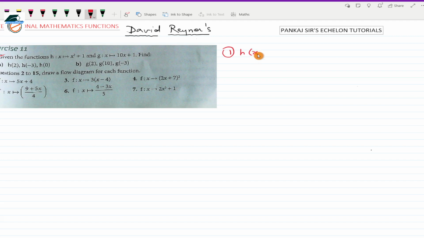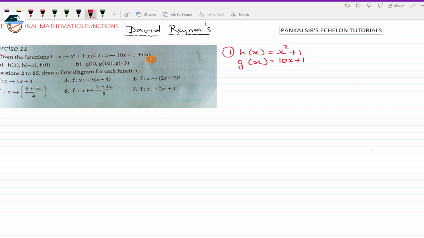Yeah, h of x is equal to x square plus 1. In the same way, the function g is given as 10x plus 1. Let me write out that as well. g of x is equal to 10x plus 1.